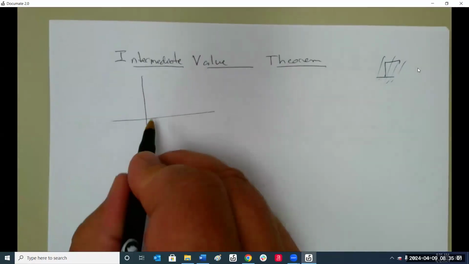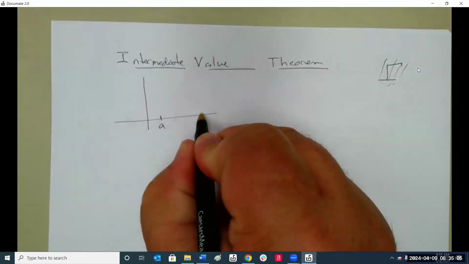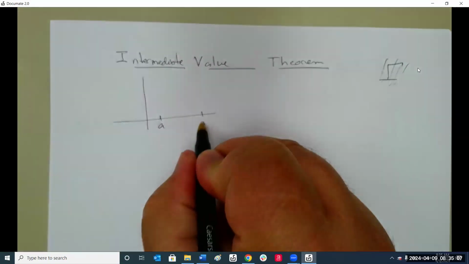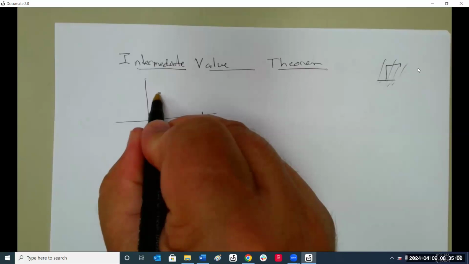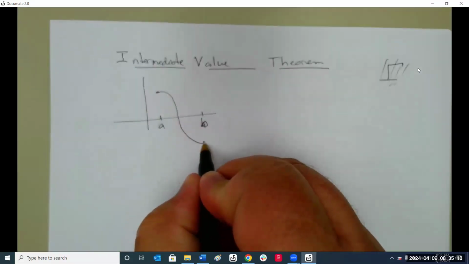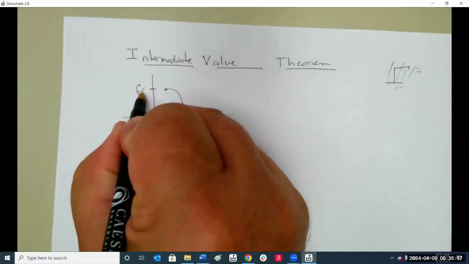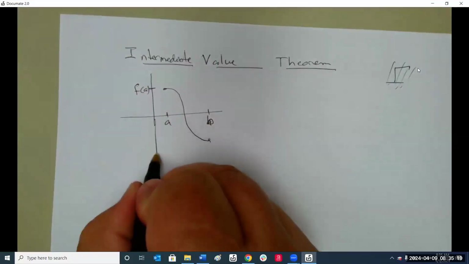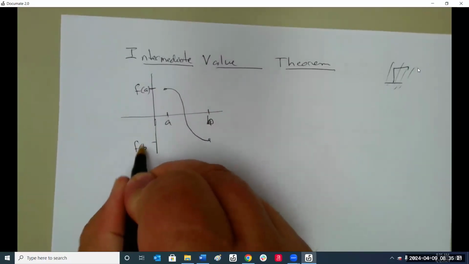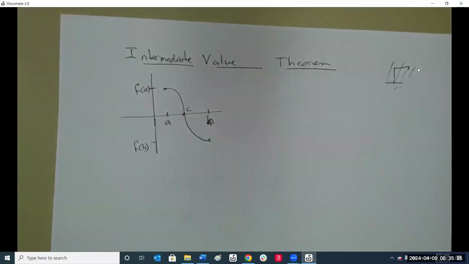Intermediate value theorem says this. If I have 2 points, A and B, and f of A is one sign and f of B is another sign, then there has to be a point C in between where it equals 0.